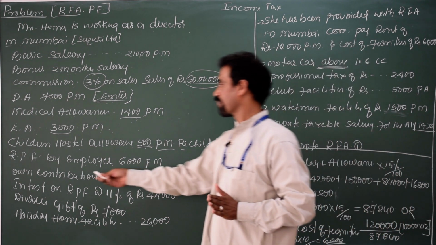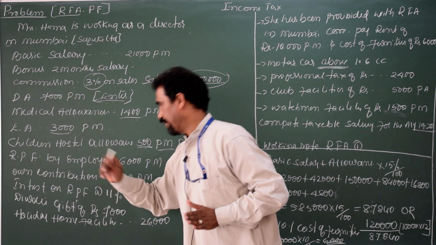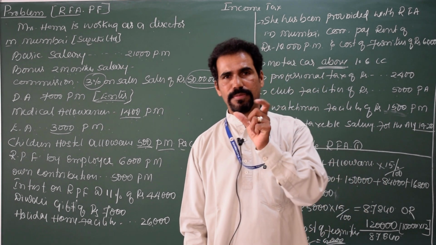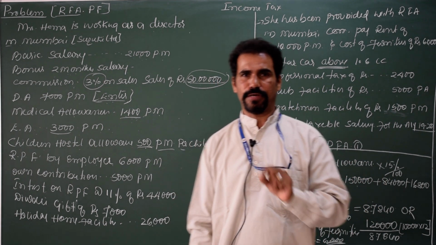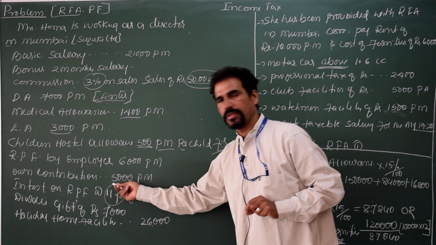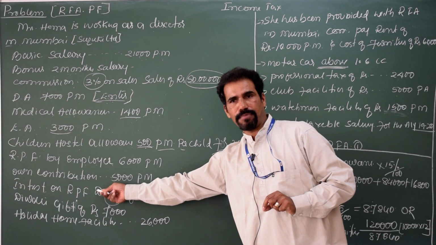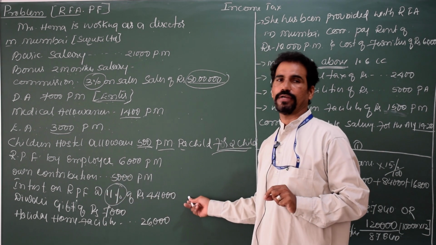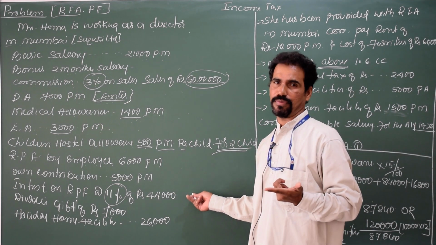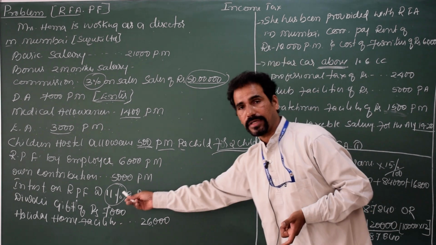Next, interest on RPF. Interest on RPF is treated in the same process. The maximum exemption as per the IT rules is 9.5%, but how much is given? 11%. So 11 minus 9.5 comes to 1.5%, and that is taxable. How to calculate?